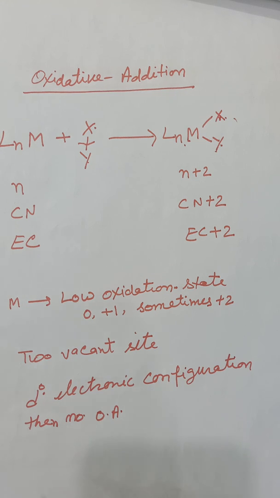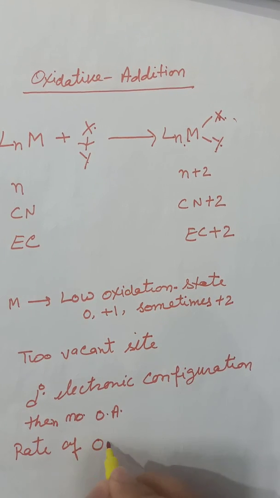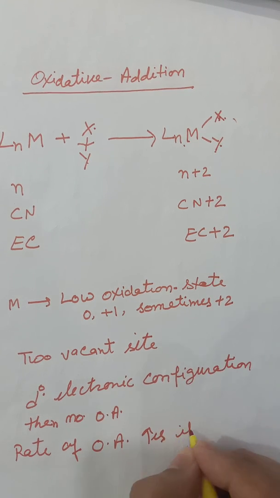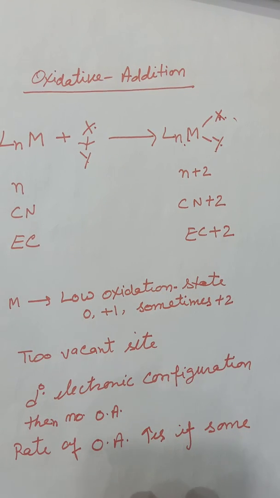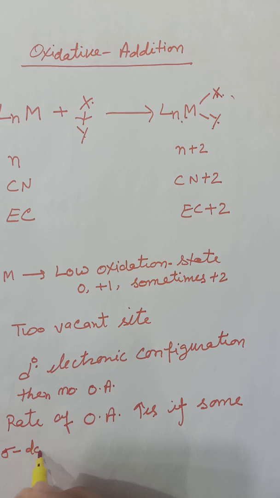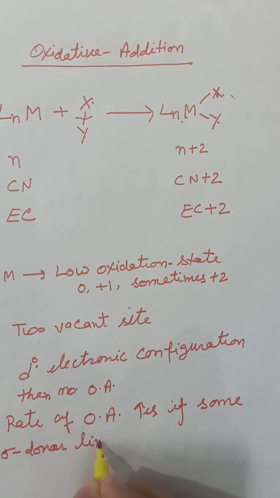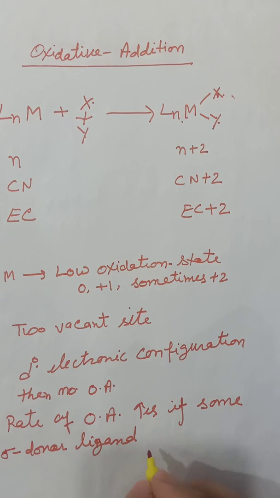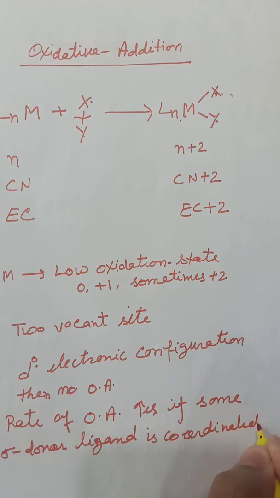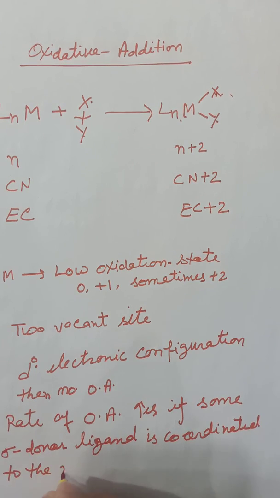Also, number 4, the rate of oxidative addition increases if a sigma donor ligand is coordinated to the metal.